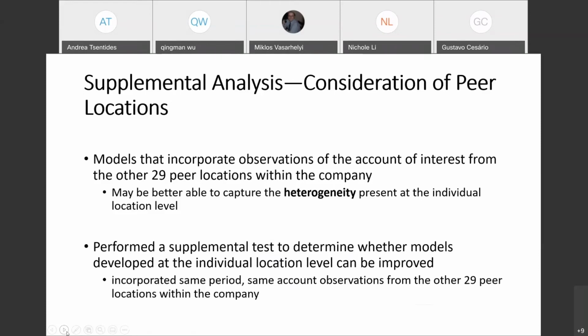They performed the supplemental test to determine whether the models developed at the individual locations can be improved, and to find that the disaggregate model would be better at predicting the balances than the aggregate.